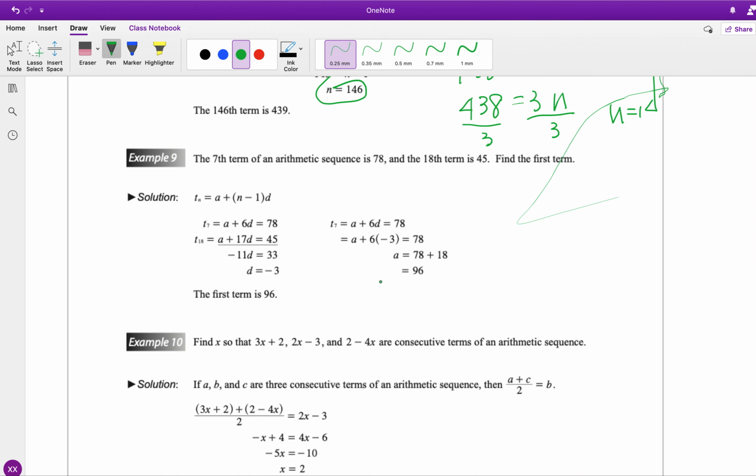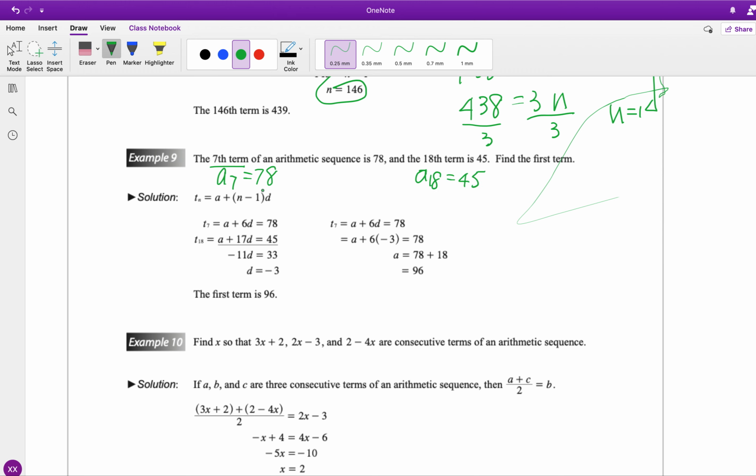And now here we have two variables, so we have two equations to solve for two variables. So what's going on here? It says the 7th term, so that means it's A7, and that equals 78. It also says the 18th term, which is A18, and this is 45.